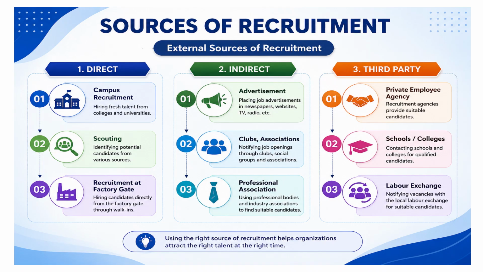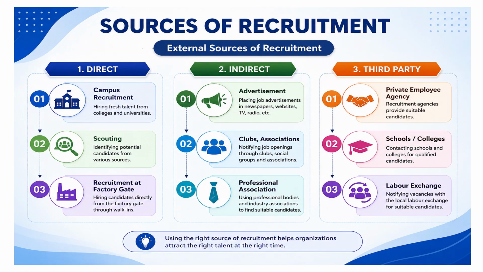For example, suppose a government organization requires clerical staff. It is informed to the labor exchange. Here, the labor exchange will inform registered candidates about the particular interview. This method is commonly used in the public sector.